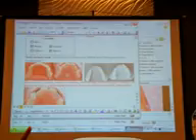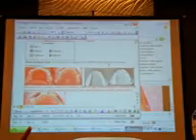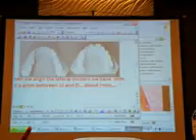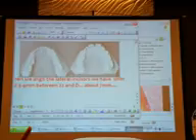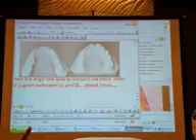So actually, when we look at the case, if you look at the lower, they look good, but in the upper, when we look at the model, if we see the two canines, we have a little crossbite.